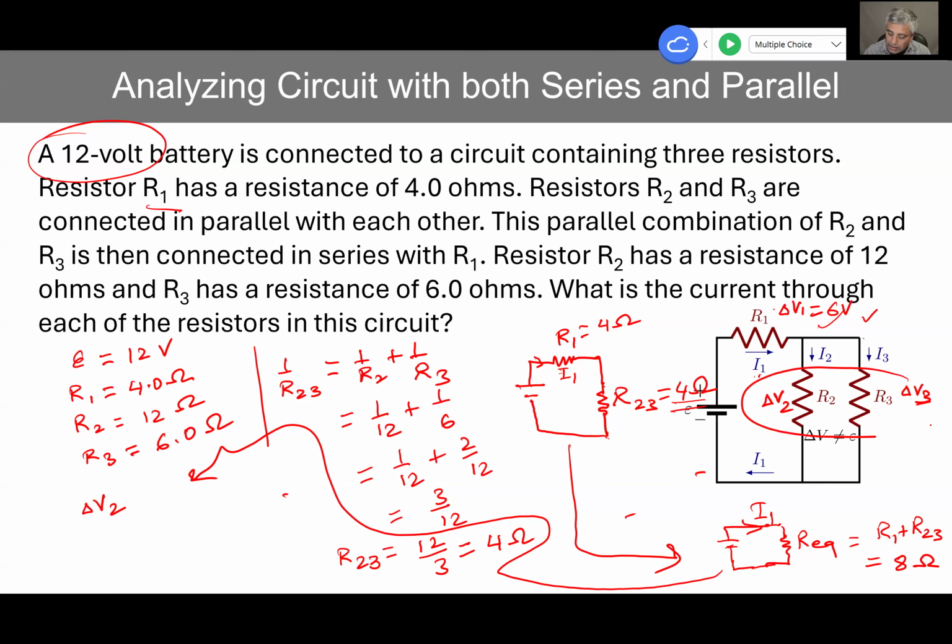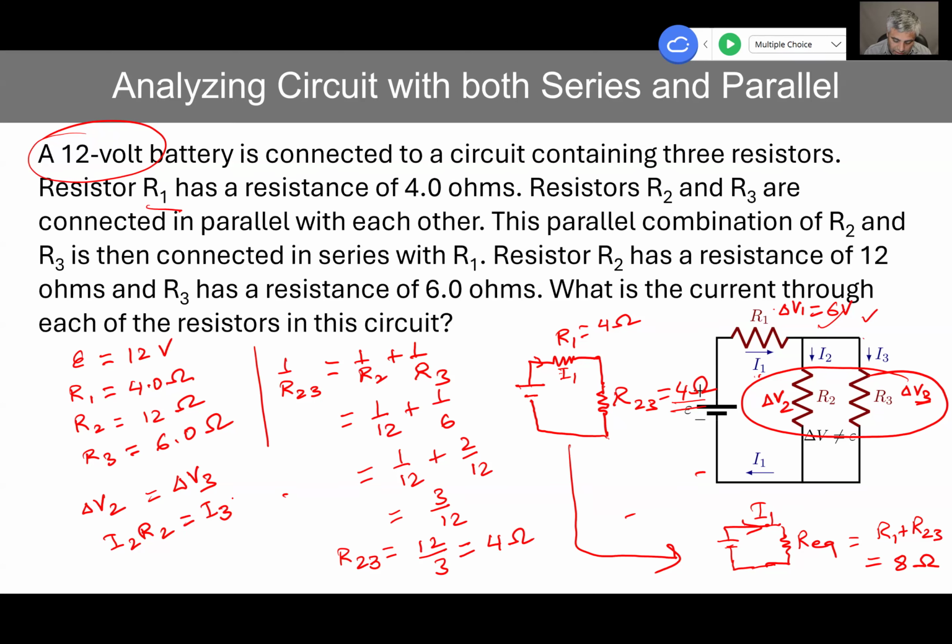Since these two are in parallel with each other, this delta V2 and delta V3 are going to be the same. So that means I2 R2 is I3 R3. Voltage across R2 means the current through this, I2, times that resistance.